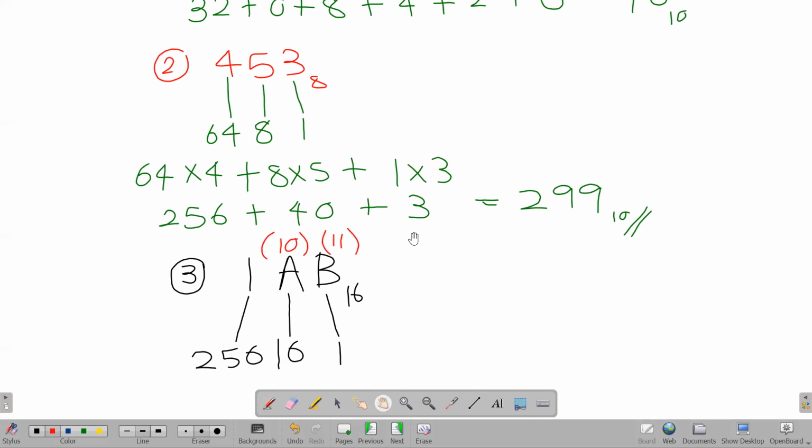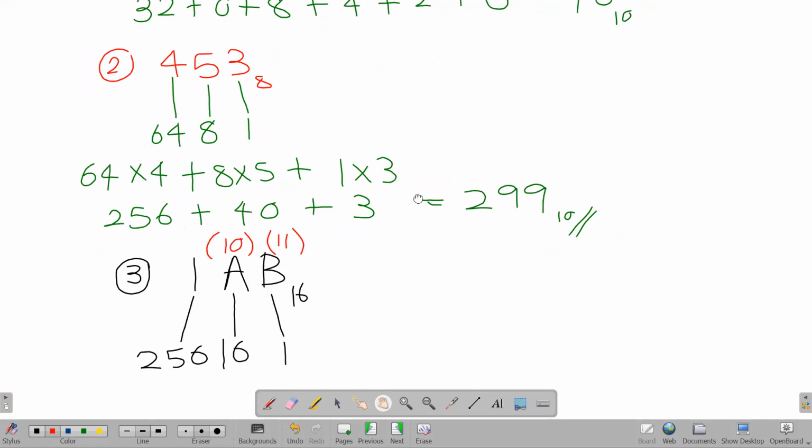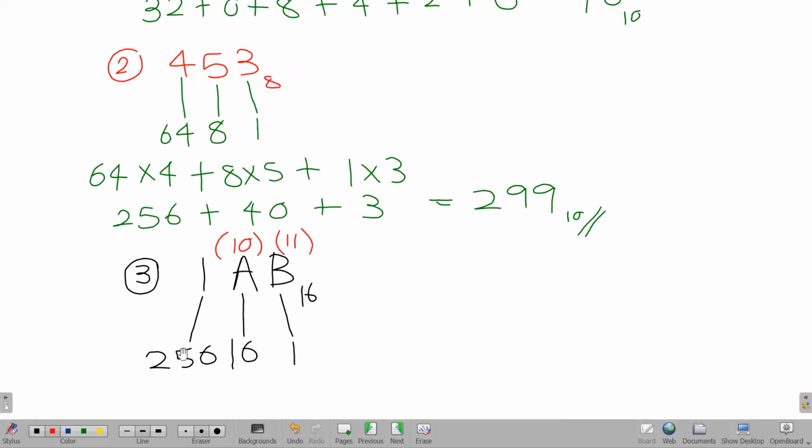So it's 256 into 1 plus 16 into 10 plus 1 into 11.